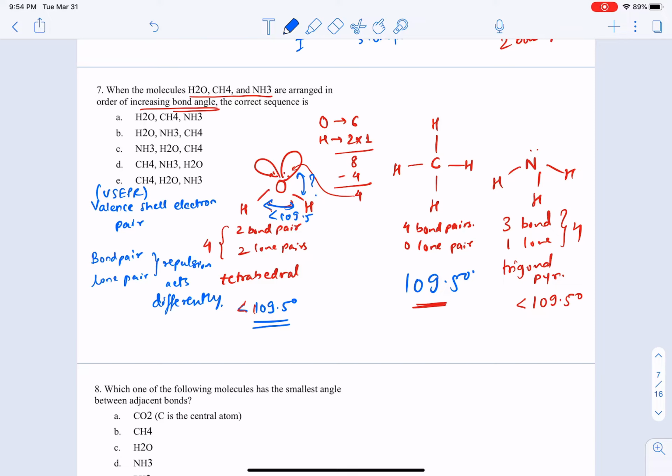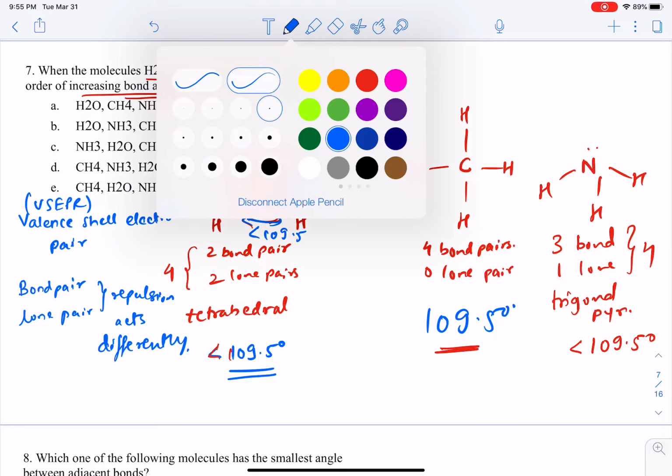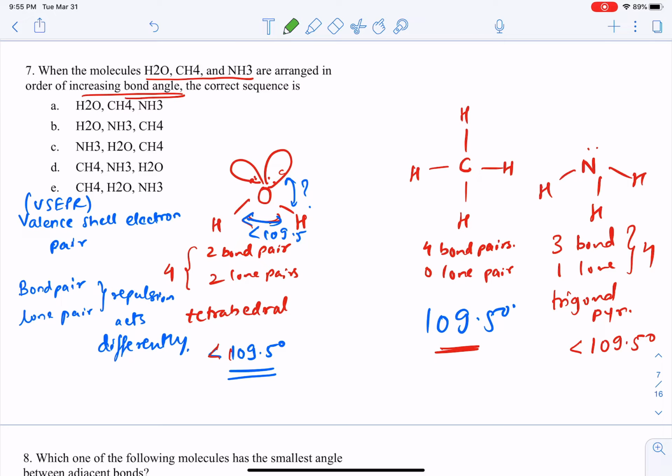Okay, so what I will do is I will just rub something from here so that we have some clean space. Okay, so it's something like this. I will change the color. The repulsion between these lone pairs is higher compared to this, that's bond pair.